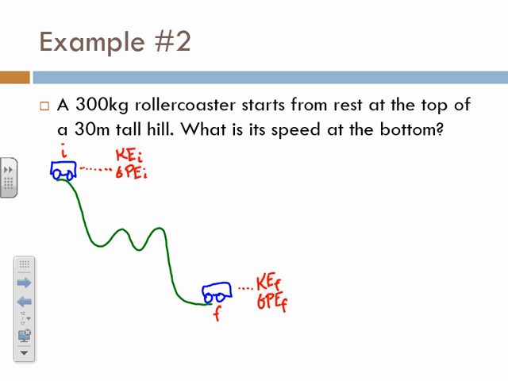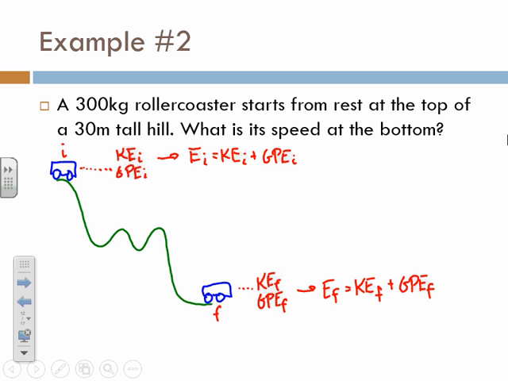So if I'm just thinking about this part up here, my total starting energy is my initial kinetic energy plus my initial gravitational potential energy. And down here, my total final energy is equal to my final kinetic energy plus my final gravitational potential energy. And I can kind of expand these things, all right?